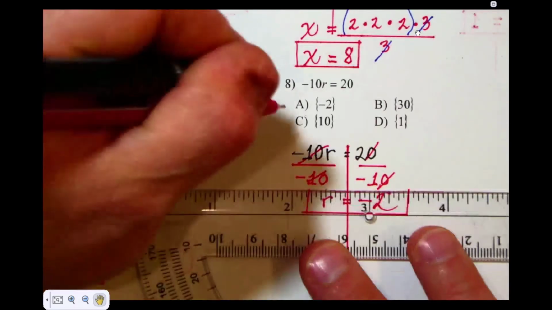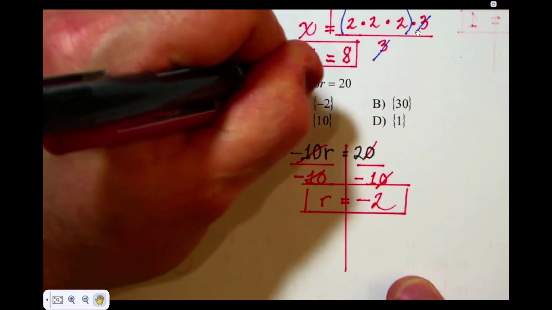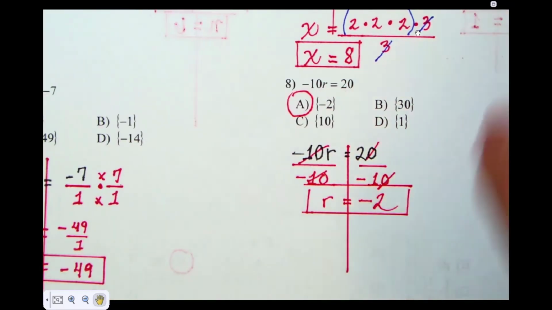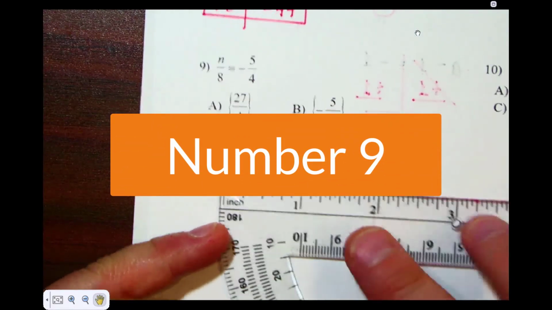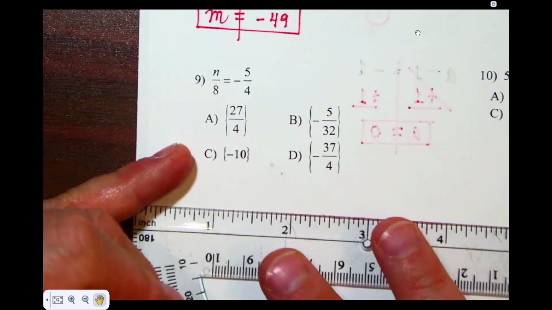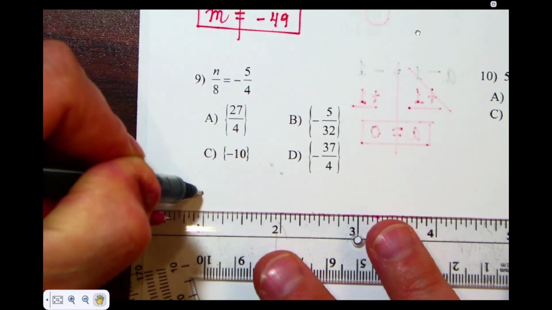Okay. Moving right along, ladies and gentlemen. On to number 9. N over 8 equals negative 5 over 4. Let's go ahead and write it down.